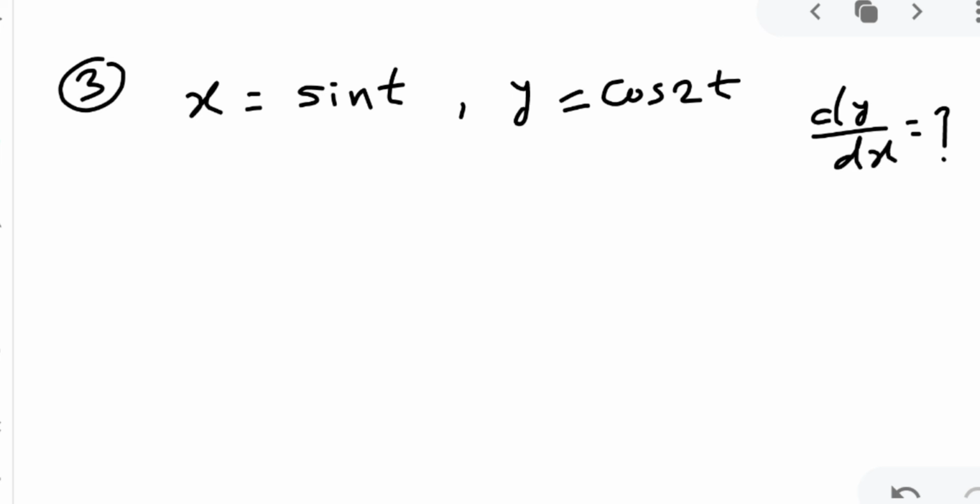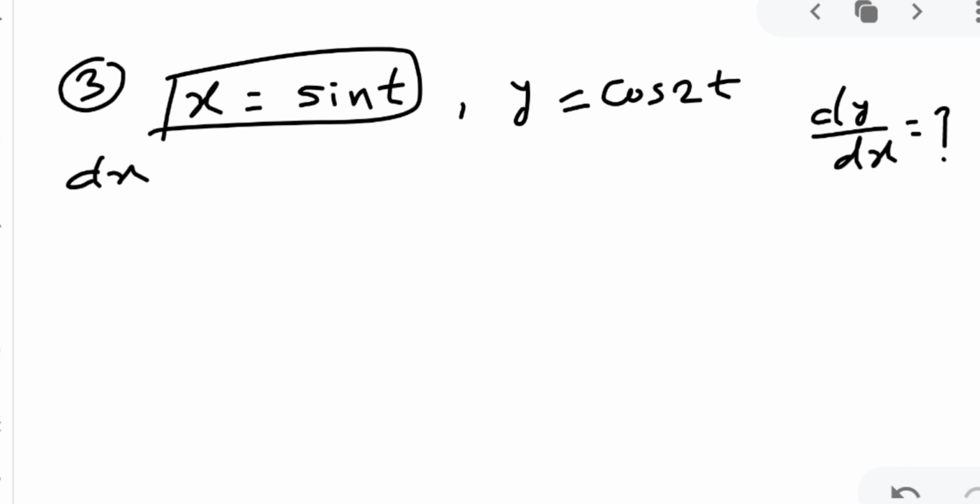So the approach will be the same. First I will find dx upon dt, because x is a function of t, then dy upon dt, and then I will divide. So first I will find dx upon dt using x is equal to sin t.